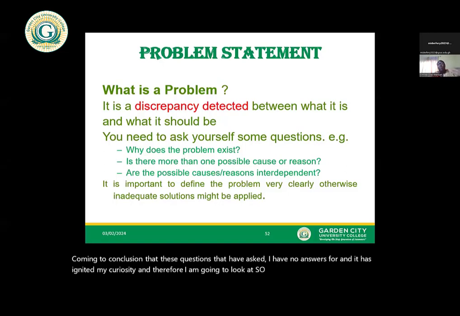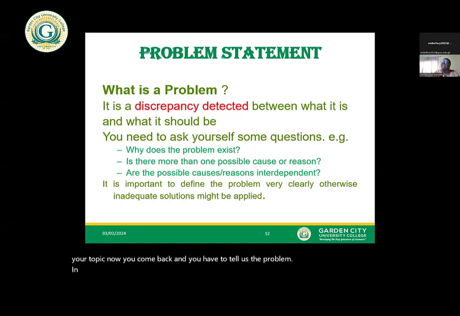It sets the tone. You have your topic. Now, you come back and you have to tell us the problem in absolute and concrete and precise and concise form, so that we, the readers, will know that this is your problem.